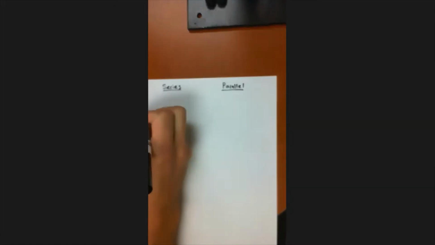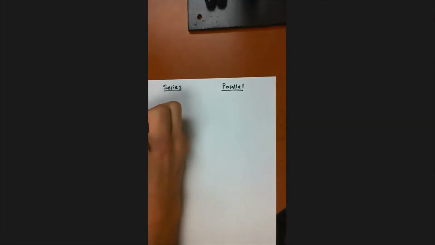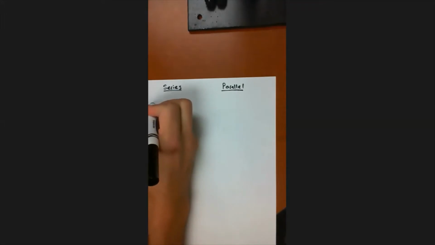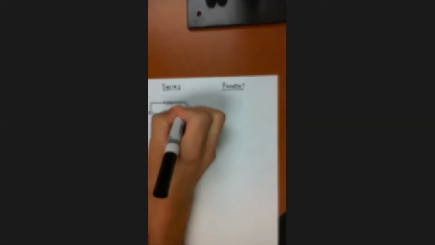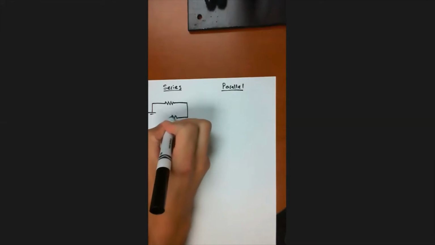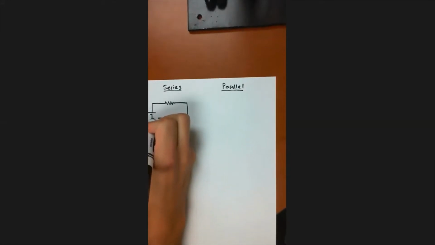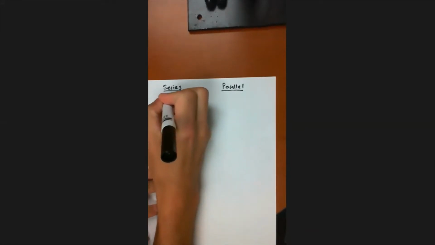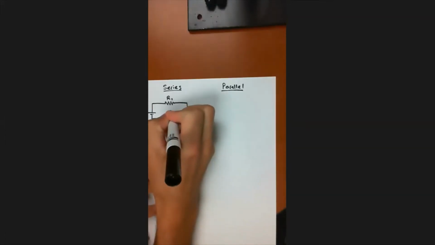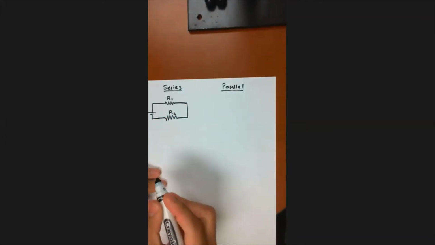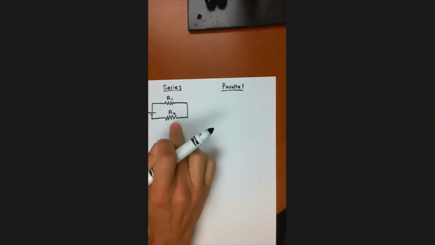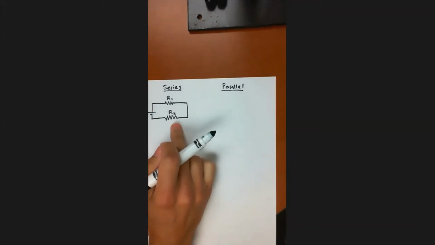So first of all, let's draw the series circuit with R1 and R2. And for our present purposes, it doesn't even matter what the values of R1 and R2 are.